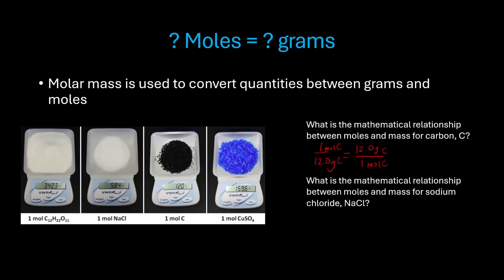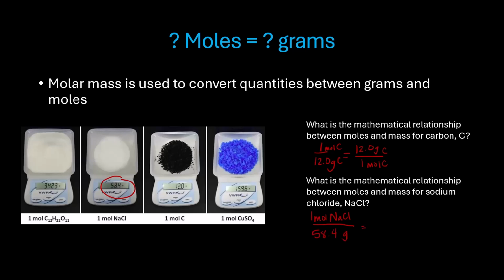So for this, we would have to add the sodium and the chloride together, which is conveniently going to be right here in our example. For every 1 mole of sodium chloride we're going to have 58.4 grams of it.